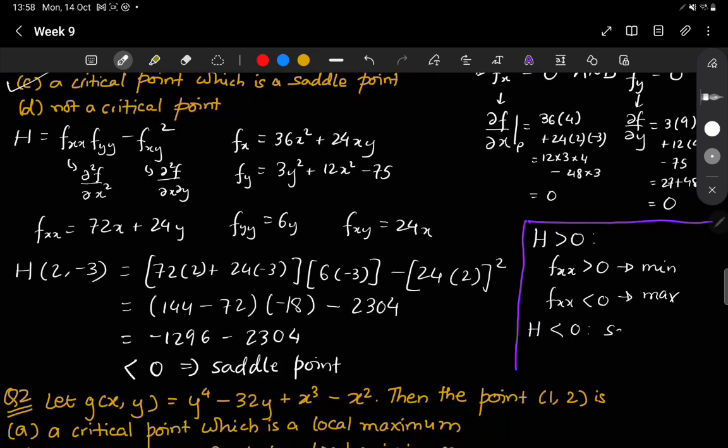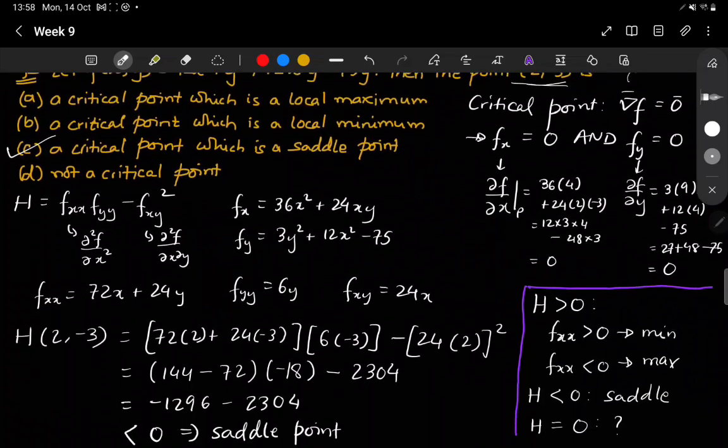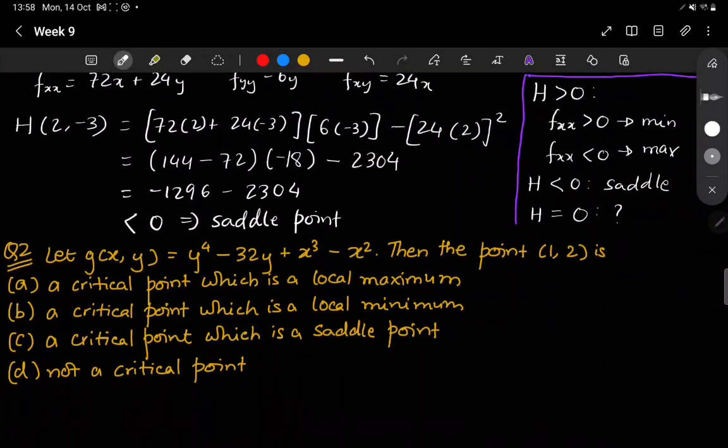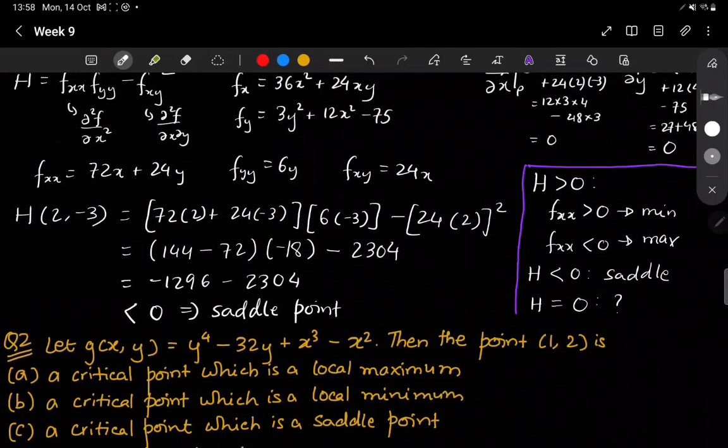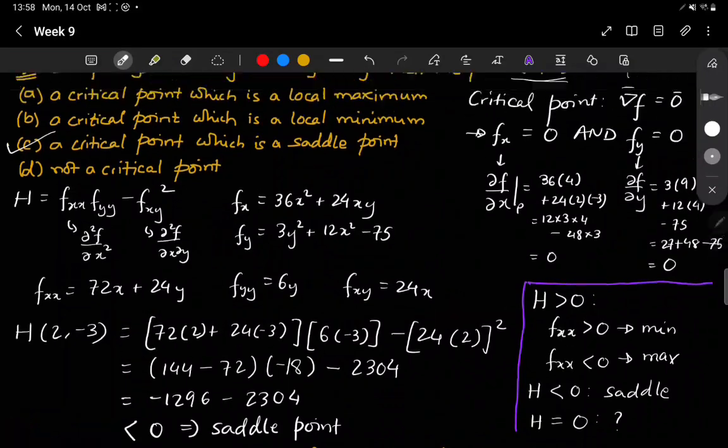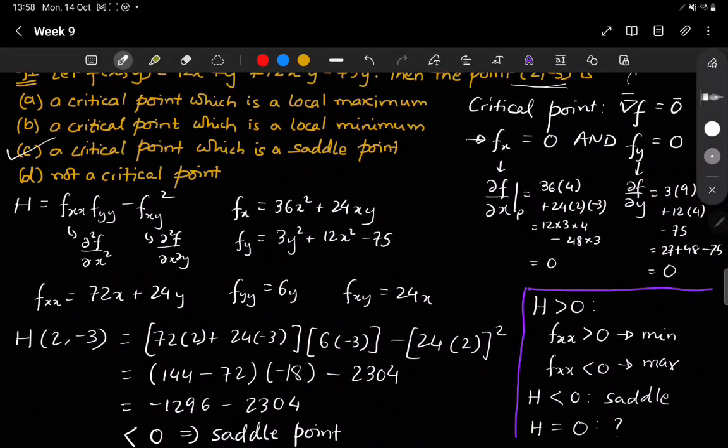And again, just like in one variable, if the second derivative is also 0, then we can't say exactly what it is. So there is not enough information. We cannot predict. So these are the different conditions which you can find out by finding the sign of the Hessian.